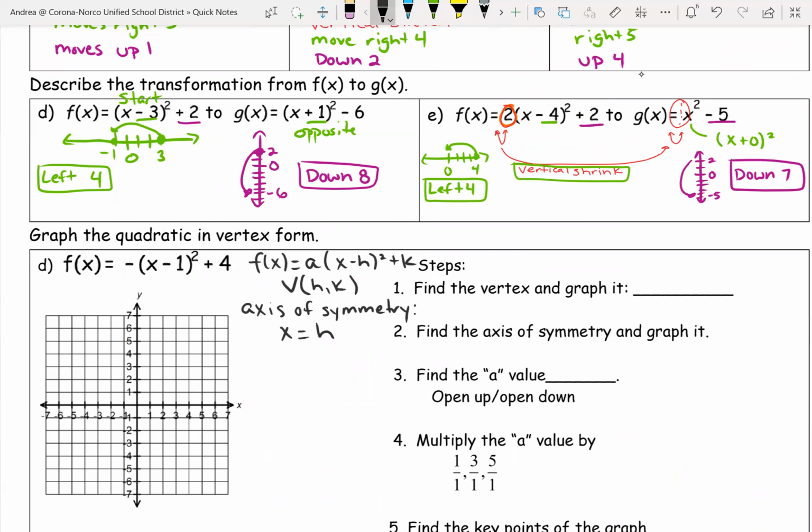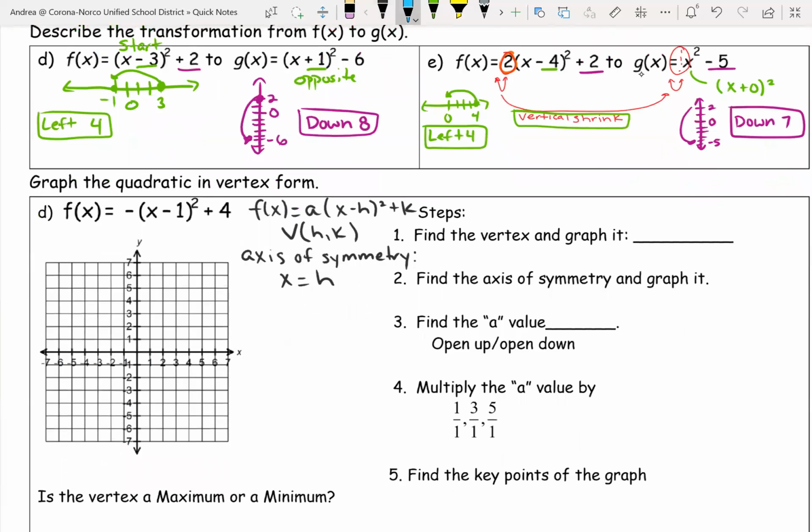So in the equation that we gave you, the vertex is right here, h and k. This is h, this is k. So the vertex is +1 and 4. Remember, you need to change the sign. Whenever it's in parentheses, okay, you need to change that sign. So it's +1, 4.